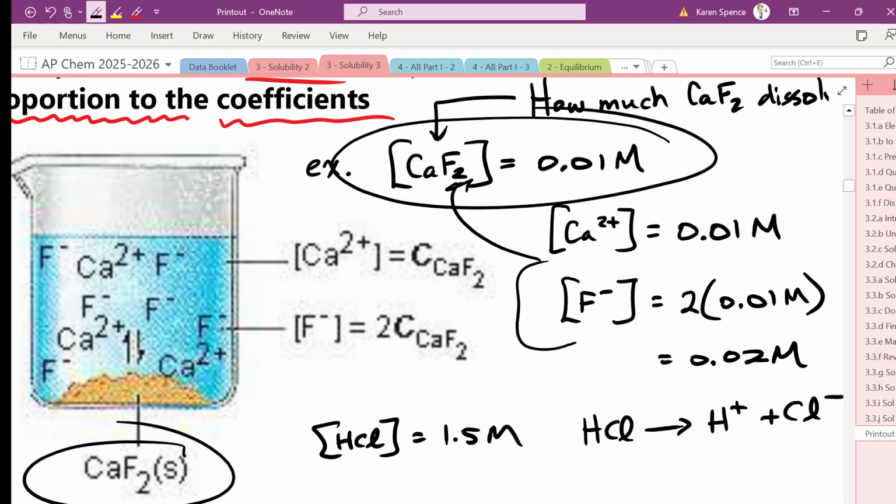Or you could filter out the extra solid, and then you could evaporate the water, and the mass that is left behind would be the mass that was dissolved. Does that make sense? If you filter this out, you're left with only this. And if you've taken the mass of the beaker ahead of time, you could just wait for the water to evaporate, or you could heat it a little bit.